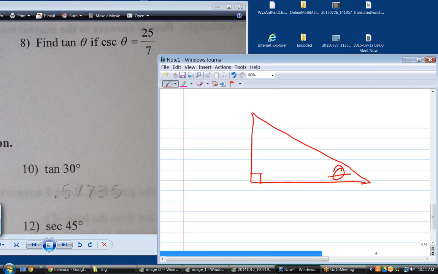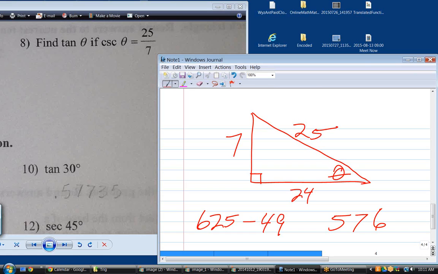So the hypotenuse is 25, and the opposite is 7. 25 squared, this is actually another perfect one, I think. 25 squared is 625, minus 49 is 576, which I believe is the square of 24.